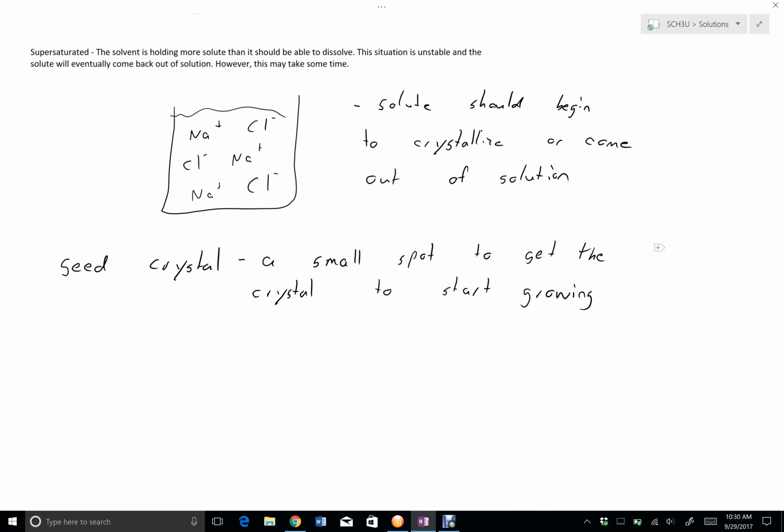Some solutions can stay in a supersaturated state for extended periods of time if they don't have any seed, if they don't have any starting point for them to start to build with.